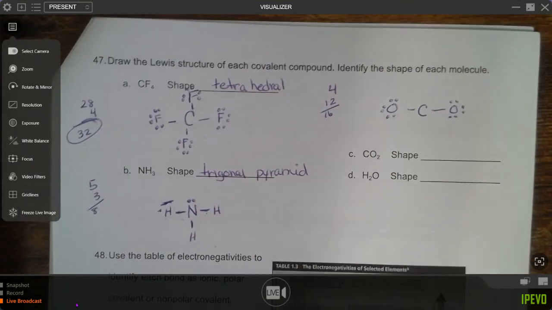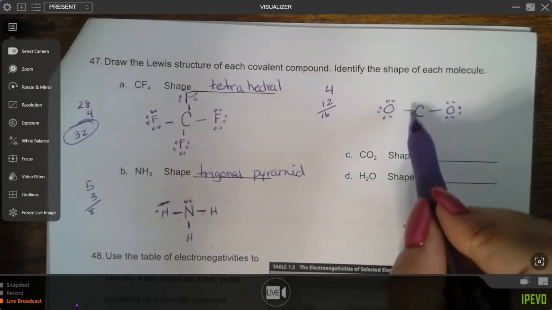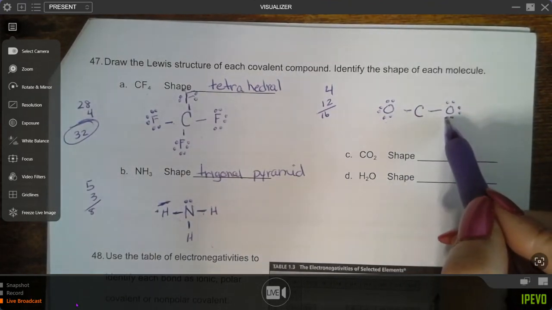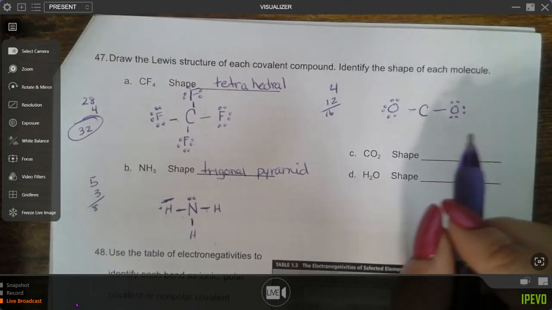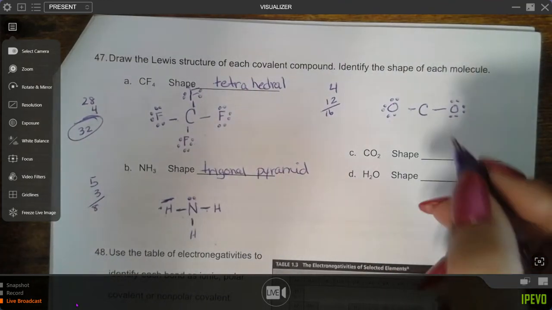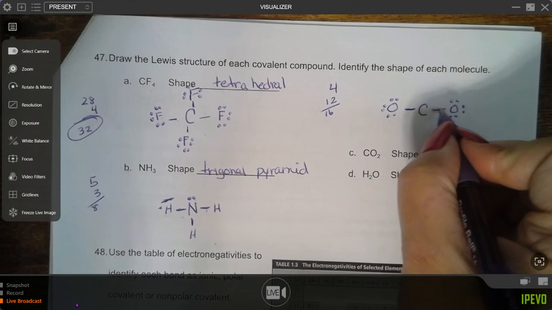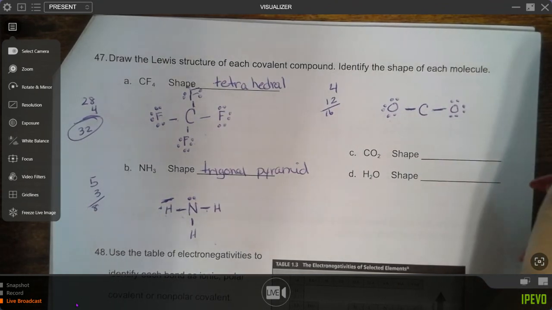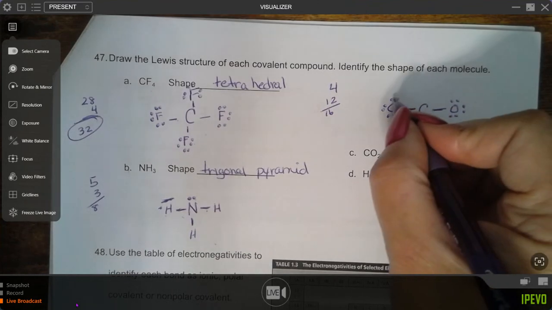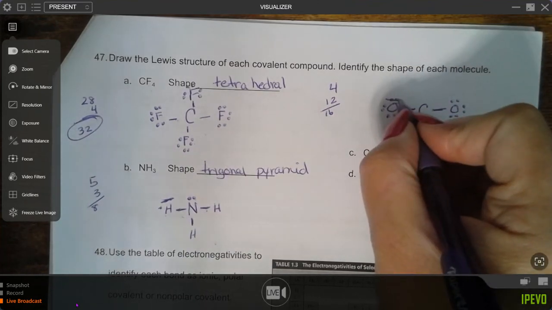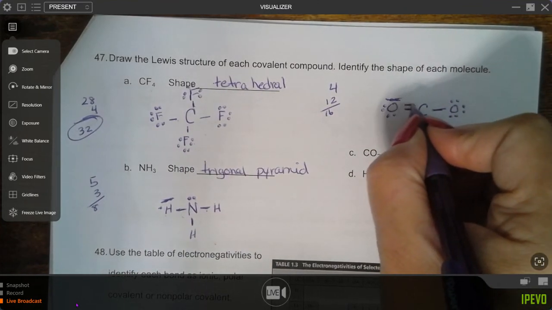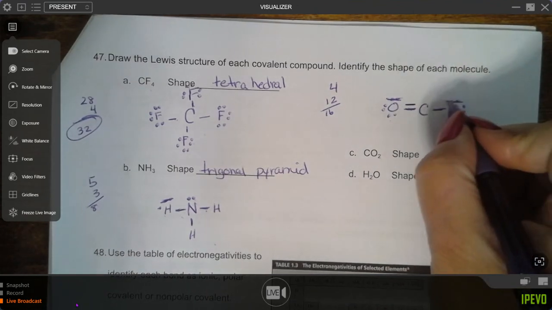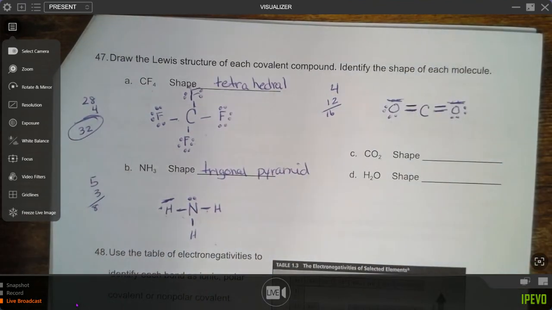Okay, now let's count and see what we've got. 2, 4, 6, 8, 10, 12, 14, 16. Now, so we've used up all of our electrons, but notice that carbon does not have an octet. What that means is that we are going to take this pair of electrons off and put them in there and make a double bond. And we're going to do that on the other side too and make a double bond.